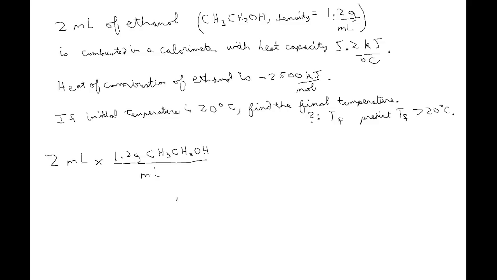So then we have 24 plus 16 plus 6 is 46 grams per 1 mole. 2.4 divided by 46. So now it gives us 0.05 moles of ethanol combusted.